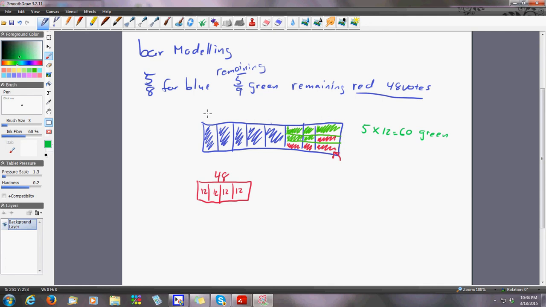So each bar is actually worth 36. So that's 36 eight times. So altogether, I have 36 times 8, which is 288. So there's 288 students that voted.